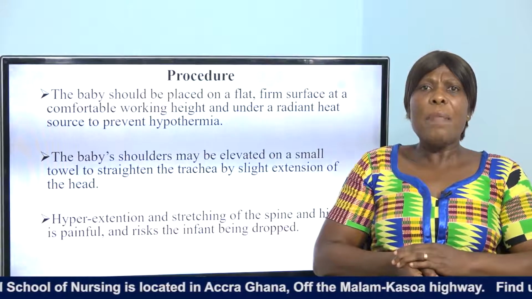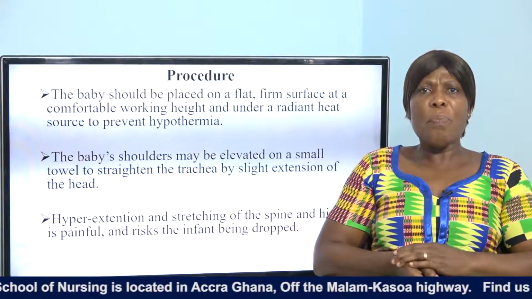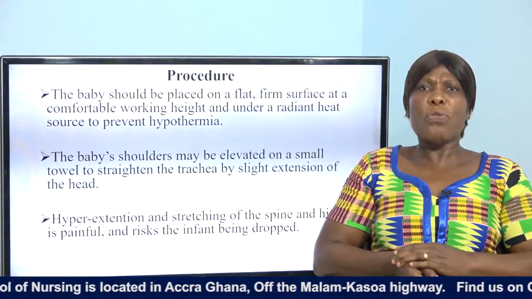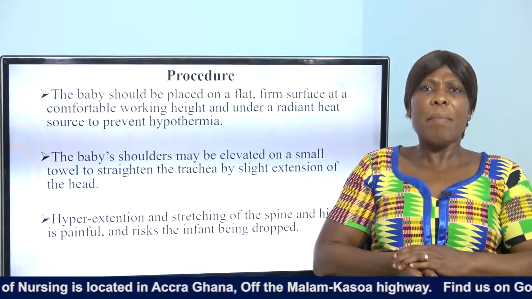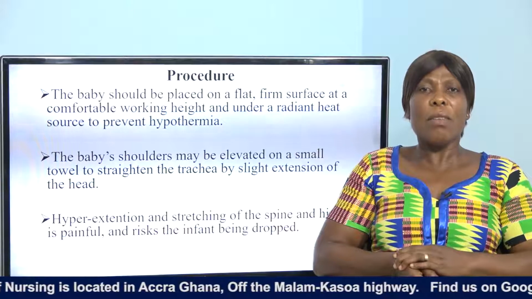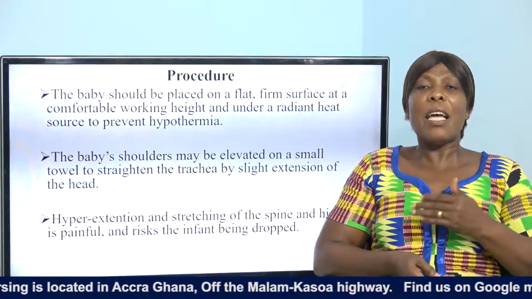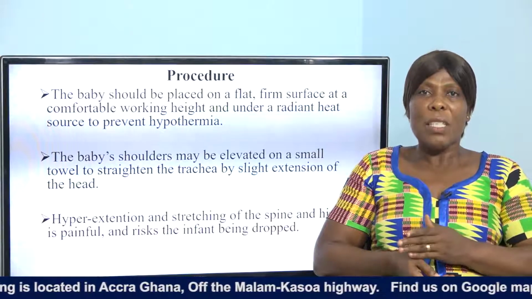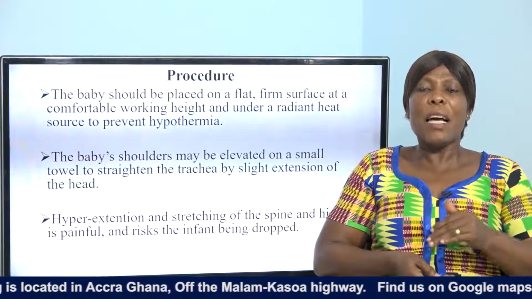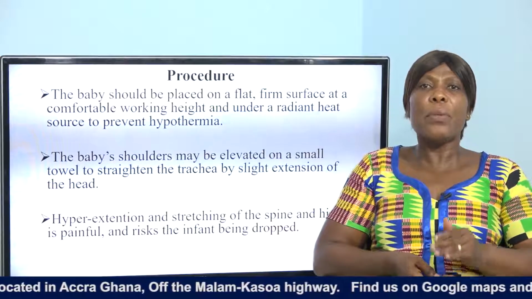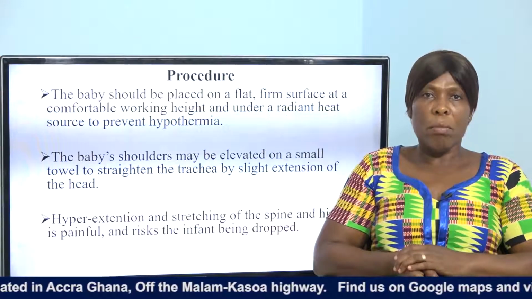Then the baby's shoulders should be elevated on a small towel to straighten the trachea by slight extension of the head. So when you do that, this allows the airway to be open so that oxygen can be passed through and then the baby will be able to breathe well.